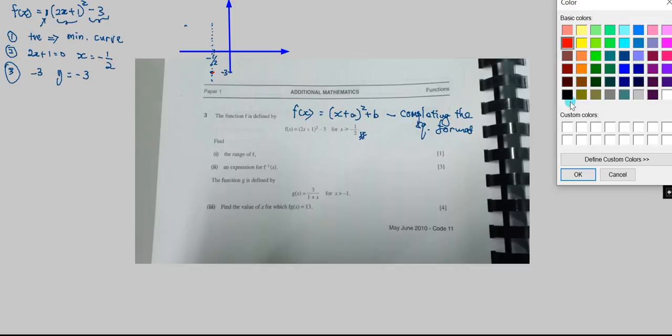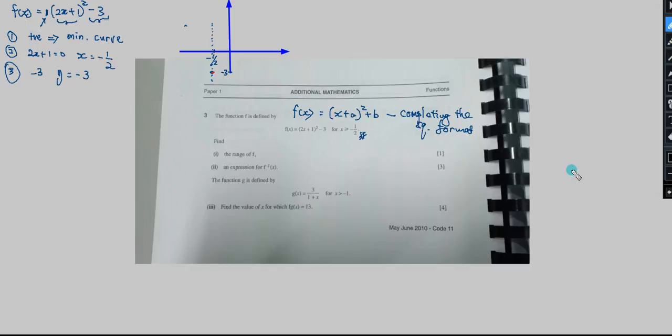Now, we want to find the y-intercept. At the y-intercept, that means where the curve passes through the y-axis, the x value is equal to 0. So now, in this function, let's put x equal to 0.